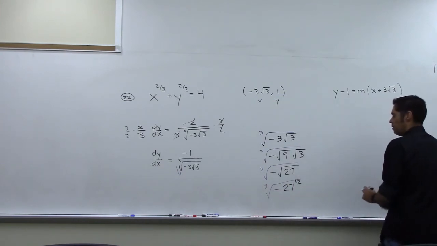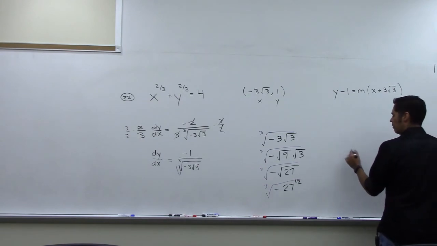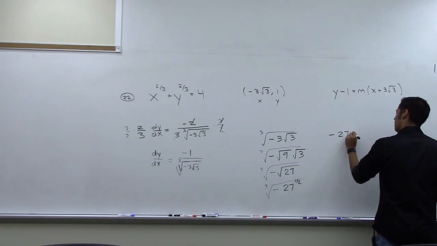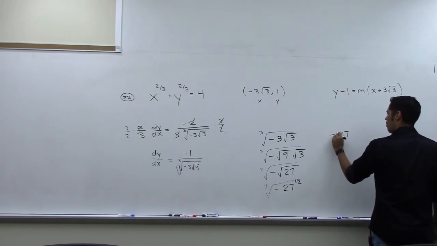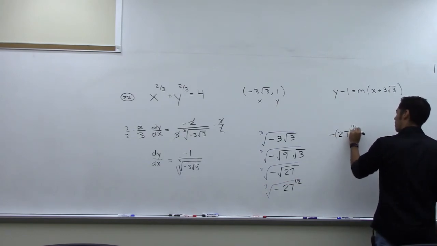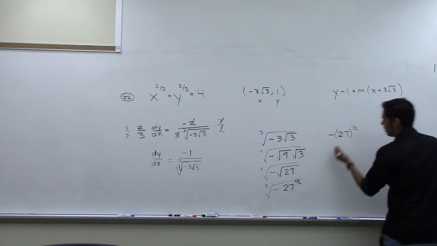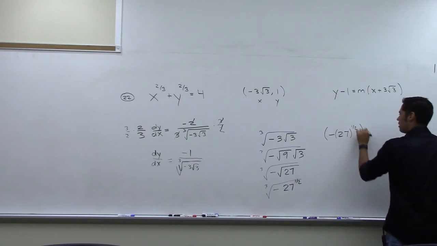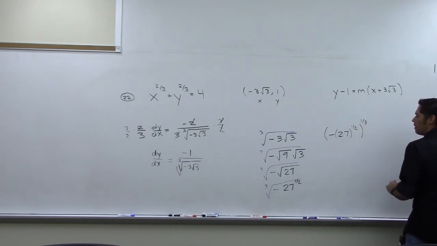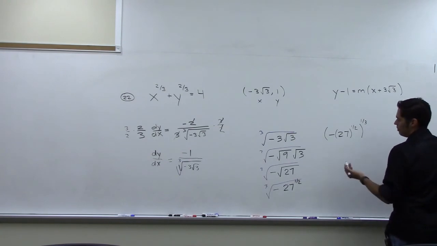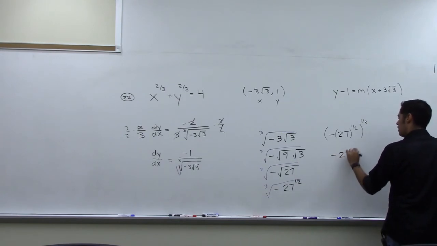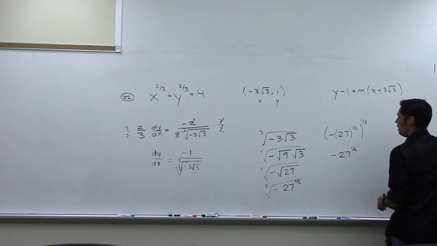So what I could do is rewrite this as negative 27 to the 1/2. The negative is not raised to the 1/2, it's just the 27. And then I'm doing all of that to the 1/3. There are many different ways you could look at this. If I multiply those two exponents, I get 1/6, so negative 27 to the 1/6 would be an answer.